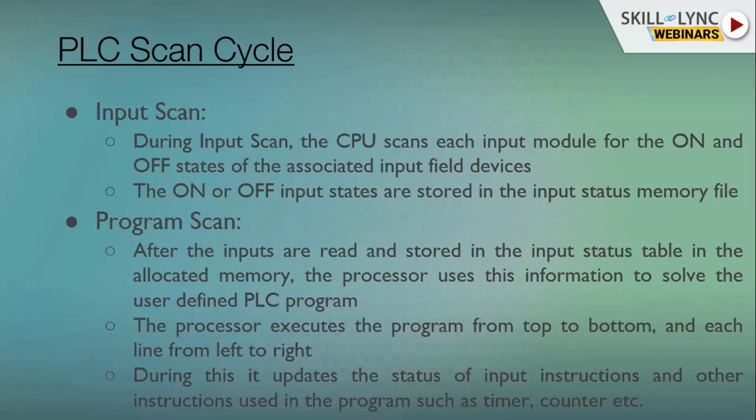So the PLC processor will execute the PLC program from the first line, from left to right, and it will solve the logic in that line, one by one, considering the PLC input status, and it will jump to the next line, then solve that line from left to right, and jump again to the next line. It will keep doing it that way until it gets to the end line.